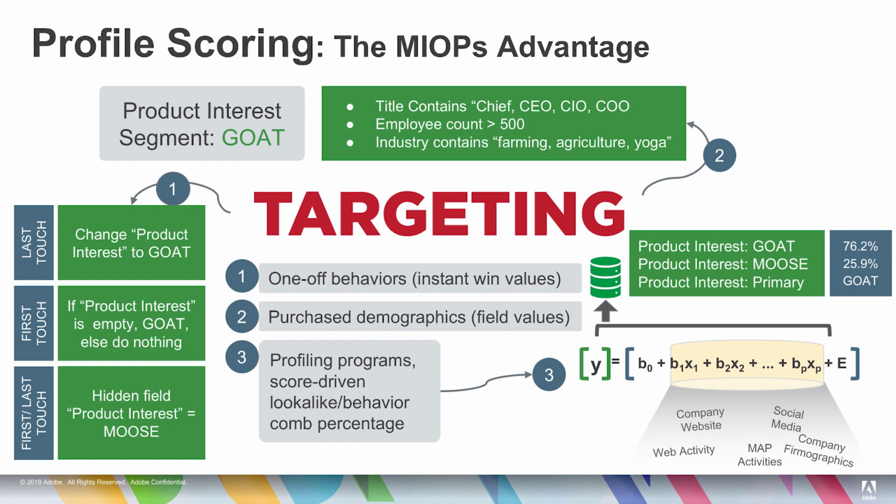These are all common versions where we can have a profile score that can measure affinity and match likelihood, practically as a percentage up to 100%, of interest in this product or other subtype. So profile scoring is a good application of marketing intelligence operations, and it's quite a large competitive advantage because so few people are doing it well.